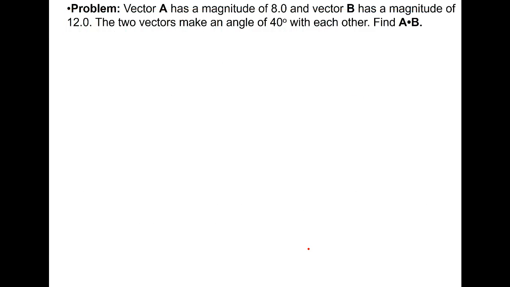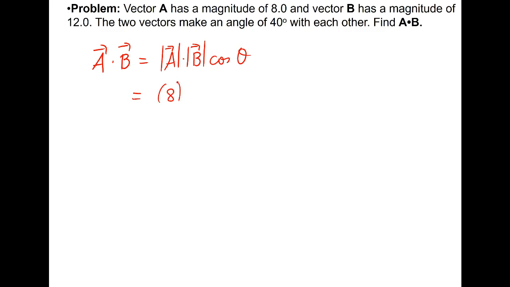Okay, so let's do some examples. First example, vector A has a magnitude of 8, B has a magnitude of 12. They make a 40-degree angle. We want to find the dot product. So the definition of the dot product is the magnitude of A times the magnitude of B times the cosine of the angle between them. Well, this is one definition anyways.